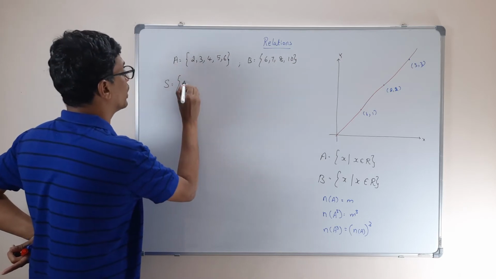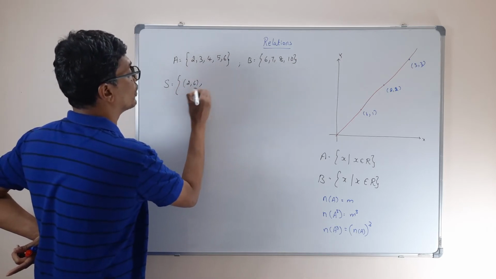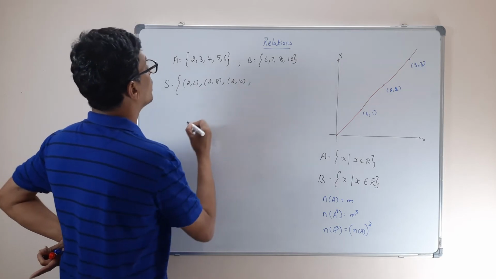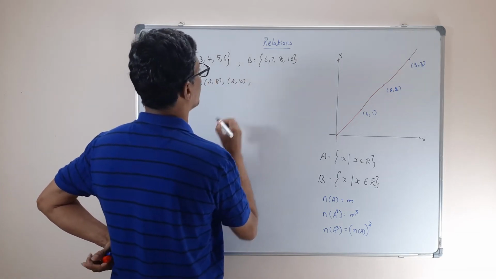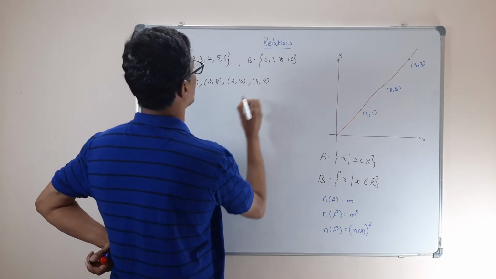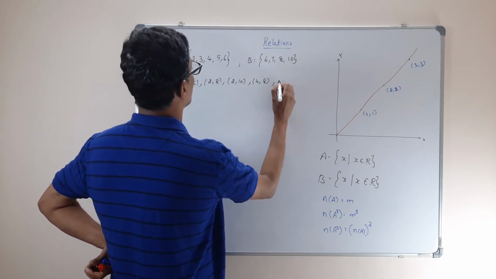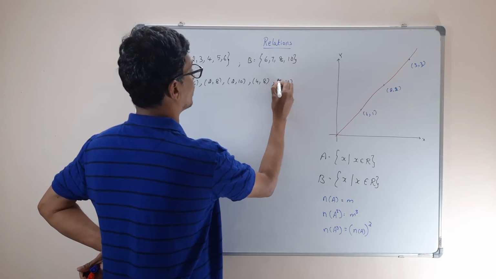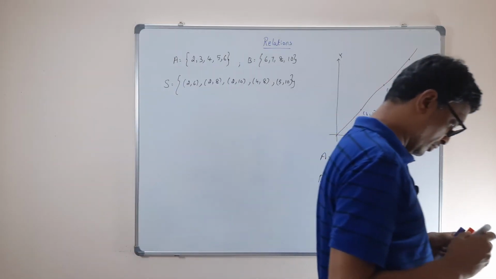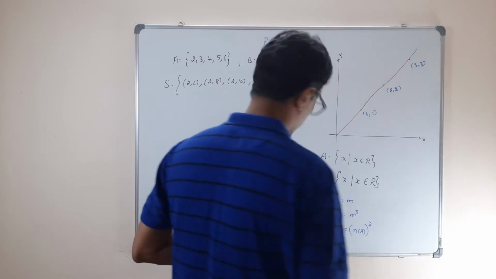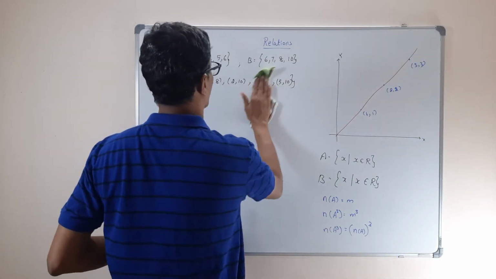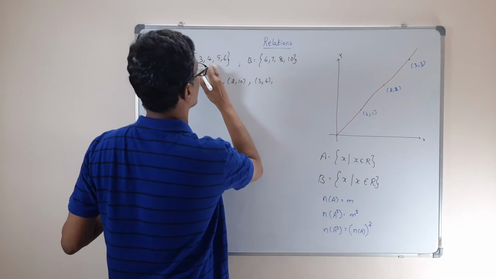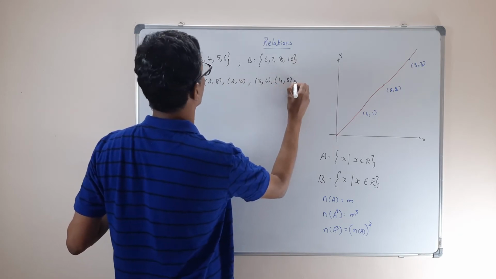What is their relation? (2, 6), (2, 8), (2, 10), (3, 6), (4, 8), (5, 10).